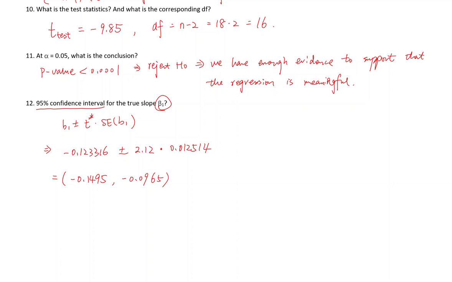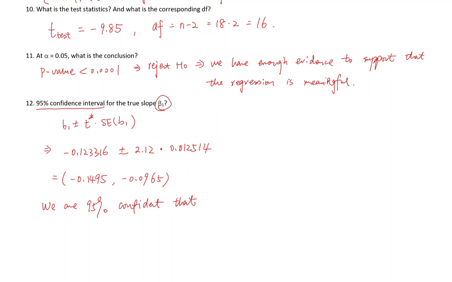How can you interpret this confidence interval for beta 1? When we make the confidence interval, we need to combine the interpretation of the confidence interval and beta 1 together. Normally we say we are 95% confident that the true slope beta 1 will fall in this range, but it doesn't make sense, because nobody will know what beta 1 is if it is not in this course.